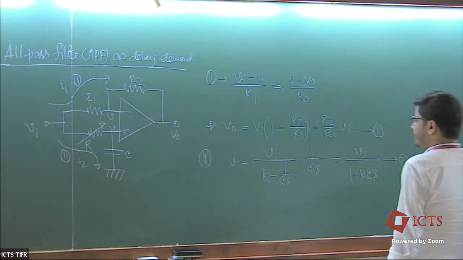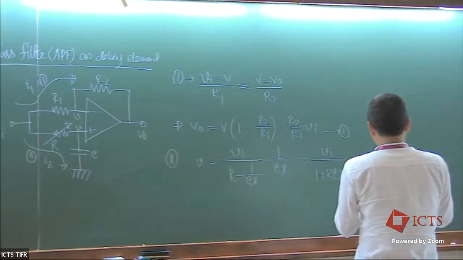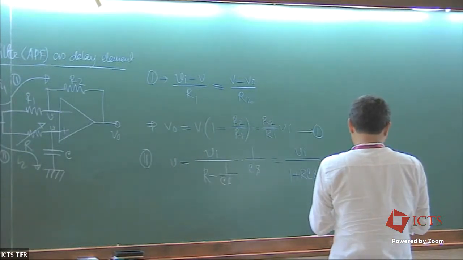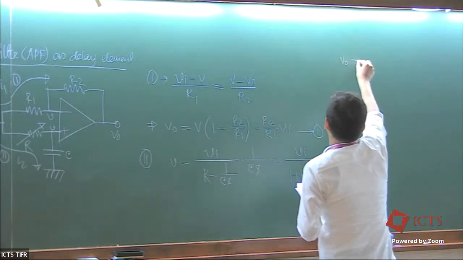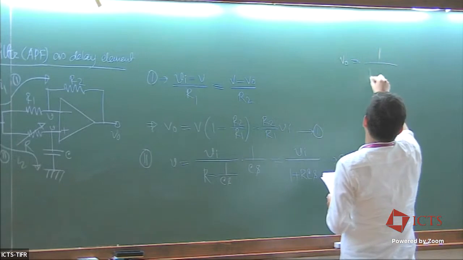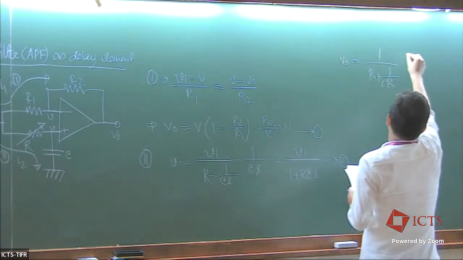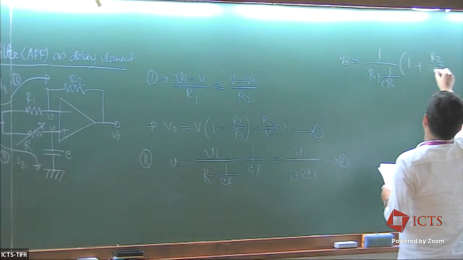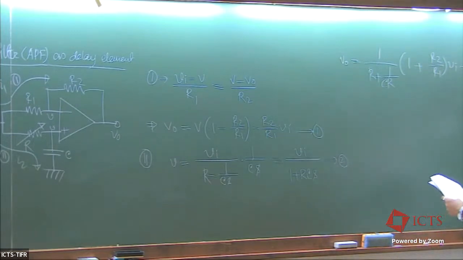So substitute V from 2 into 1 and you will get something like this: V0 is equal to 1 divided by R plus 1 by CR into (1 plus R2 by R1) VI minus R2 by R1 VI.